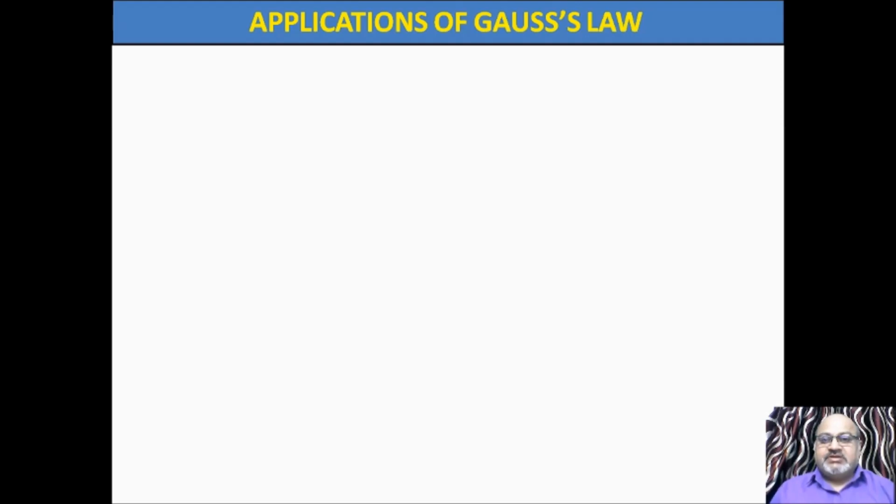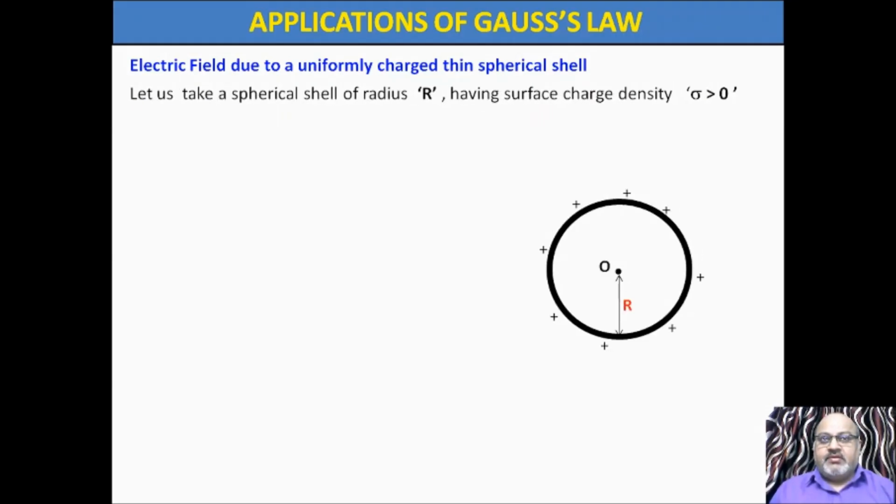Application of Gauss law. Let us understand another application of Gauss law, which is to find the electric field due to a uniformly charged thin spherical shell. This is the case. Let us take a spherical shell of radius R having a surface charge density sigma greater than 0.